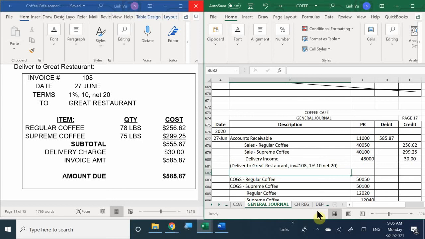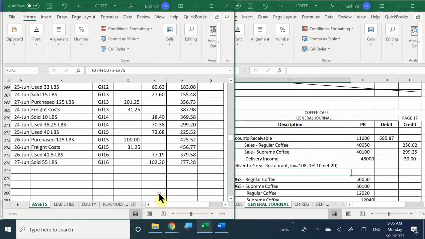So what do I do next? Ledger. So we have another accounts receivable.